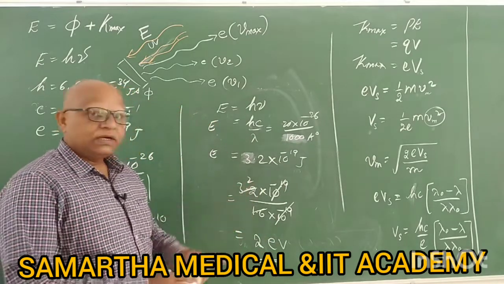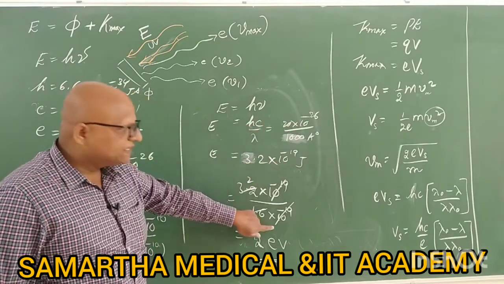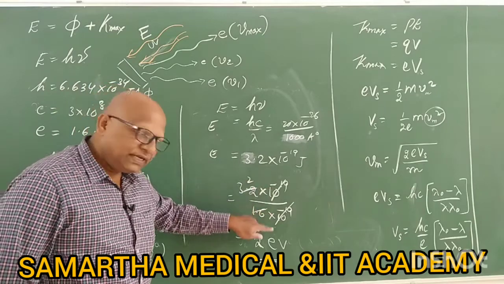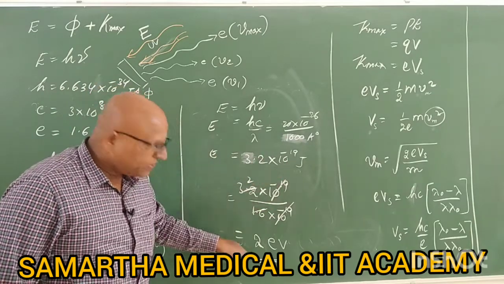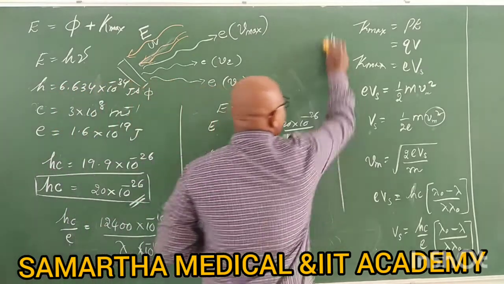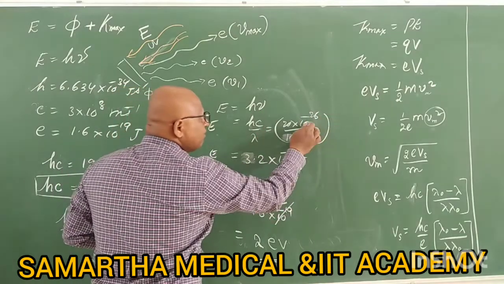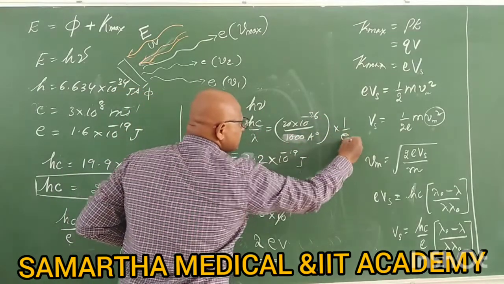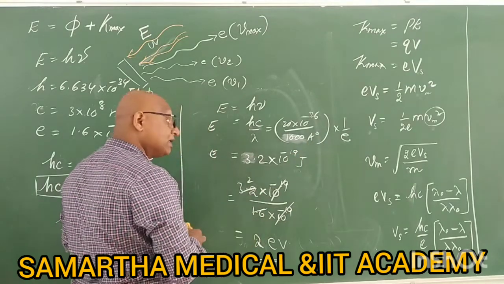Now after dividing the joule energy with 1.6 into 10 to the power of minus 19, you can convert joule energy into EVs of energy. You see what we have done? We have divided this value, the value of energy, with 1.6 into 10 to the power of minus 19 at last.